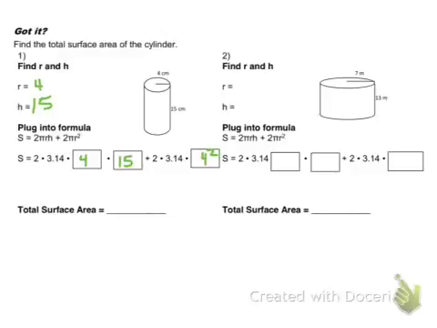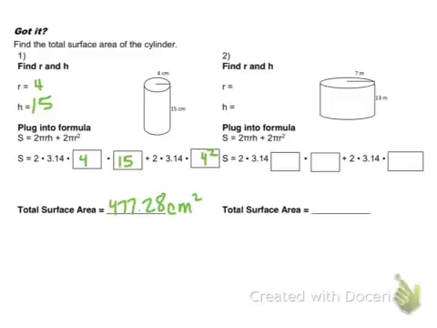A lot of that we did when we did volume. But then you can plug this straight into your calculator, just like you see it. I would use 3.14 for pi instead of the pi button, and I get 477.28 centimeters squared.